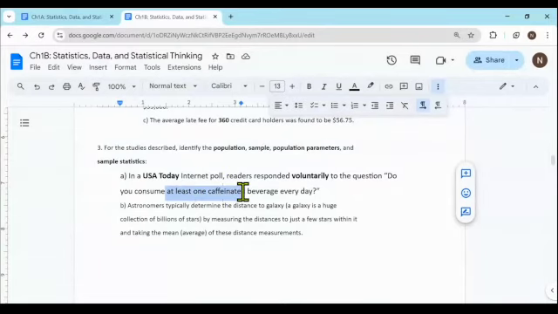Who drink at least one caffeinated drink among all who? Among all readers. Because this is a parameter. Parameters deal with the population. Okay. Now go to the next part, which is the statistics. So what's the statistics?